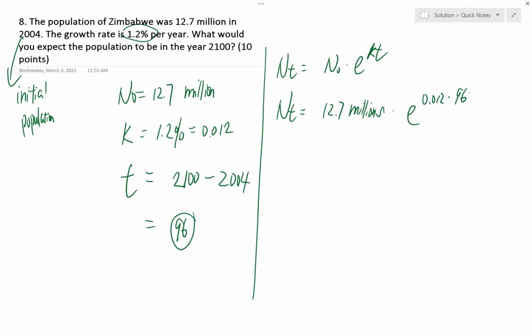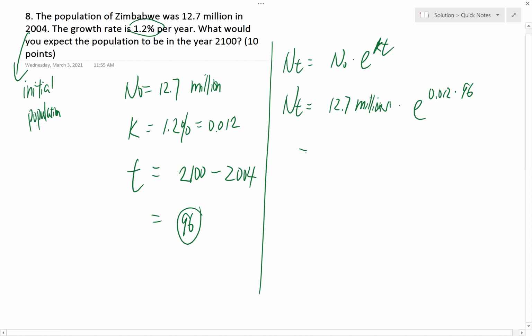And if you want, you can simplify 0.012 times 96. It turns out to be 1.152. Okay, so this is 12.7, and you can omit the unit if you want to. You put the unit at the end. e raised to 1.152. And then that gives us N(t) should be approximately.